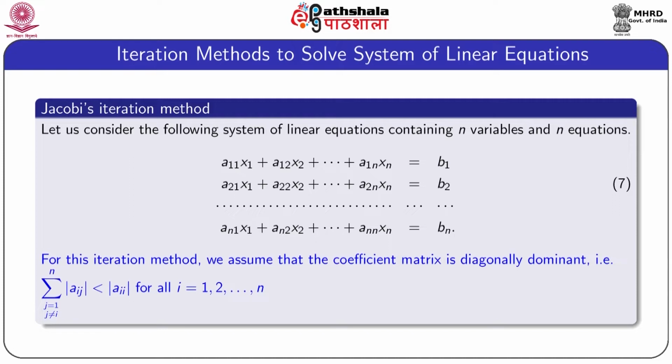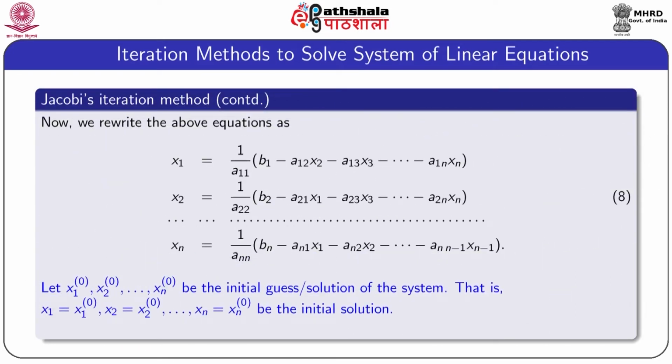That means the summation over j equal to 1 to n, j not equal to i, of the absolute value of aij is strictly less than the absolute value of the diagonal element aii, and this condition should be satisfied for all i equal to 1 to n, or the summation over i equal to 1 to n, i not equal to j, of the absolute value of aij is strictly less than the absolute value of ajj for all j equal to 1 to n.